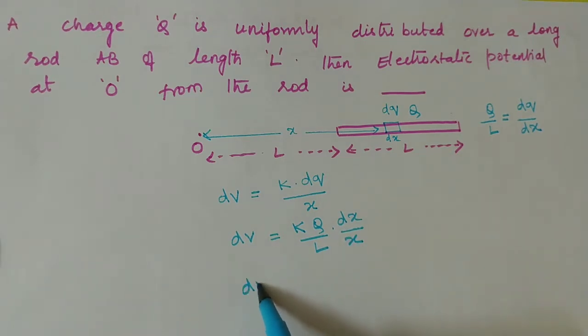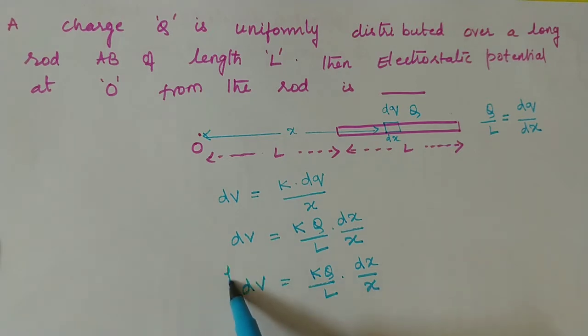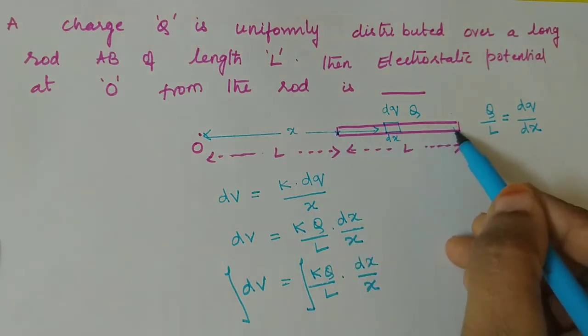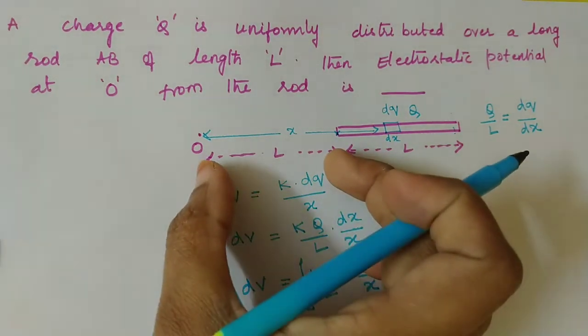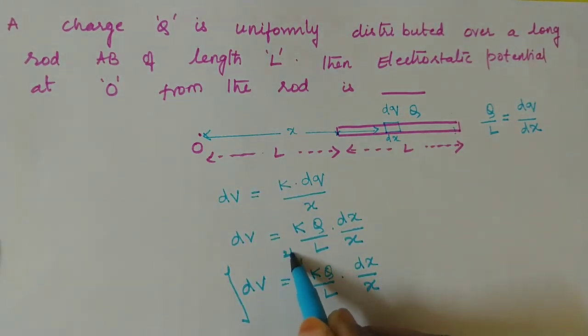So dV is equal to kq by L into dx by x. And to get the total potential, we need to integrate the relation. The lower limit is L, the upper limit is 2L. This is x equal to L and x equal to 2L.